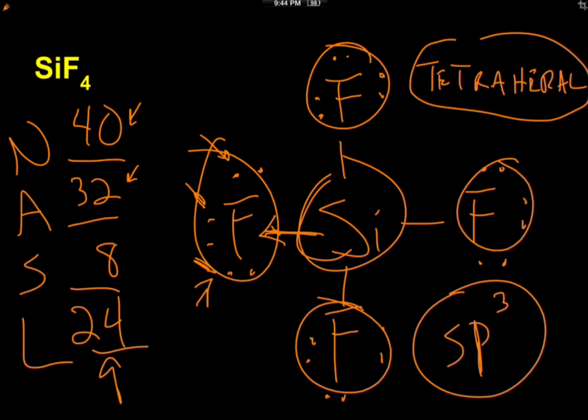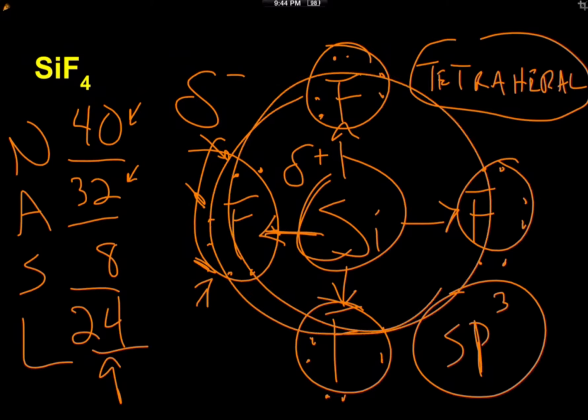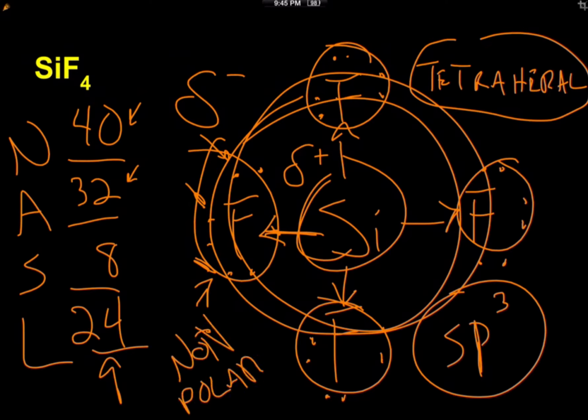So in this case, all these fluorines are going to hog the electrons. Each of the fluorines has a partial negative charge on it, which means the silicon has the partial positive charge. But because the negative charge goes all the way around evenly, this is a non-polar molecule. When it's the same on all sides, it's non-polar.